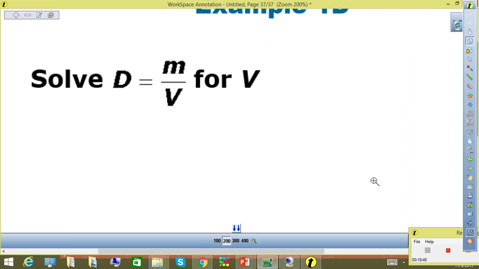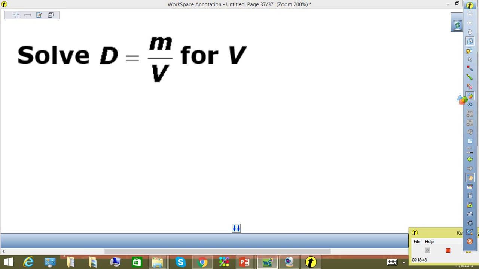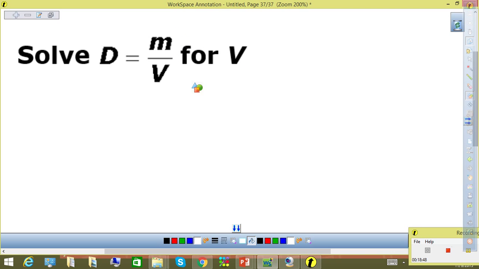Be nice. So we're solving for V. Now, yeah, I know this is a little bit confusing because now the V is the one dividing, but yet we need to solve for V. Well, let's manipulate it. Isn't this a scale?